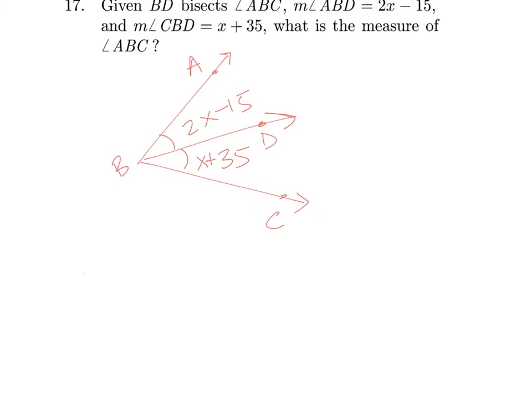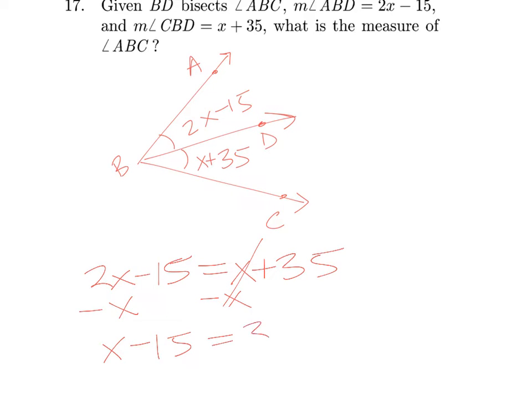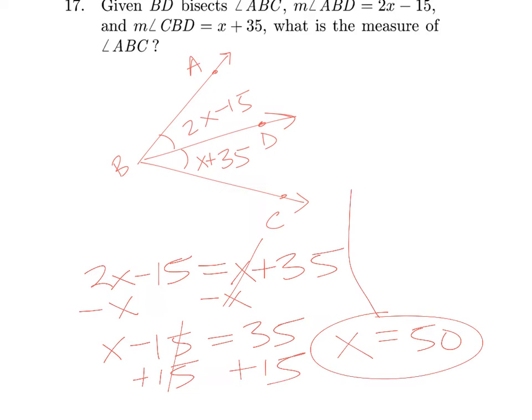Okay, so I know that 2x minus 15 will be equal to x plus 35. Subtract x. Have x minus 15 is equal to 35. Add 15. And x is equal to 50. So I plug it back in.